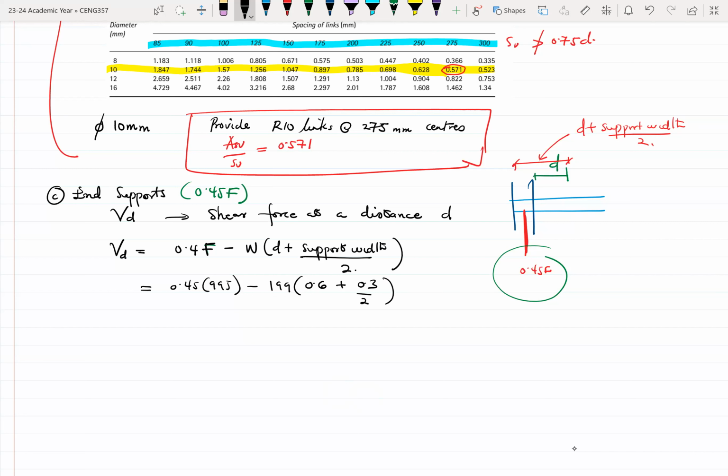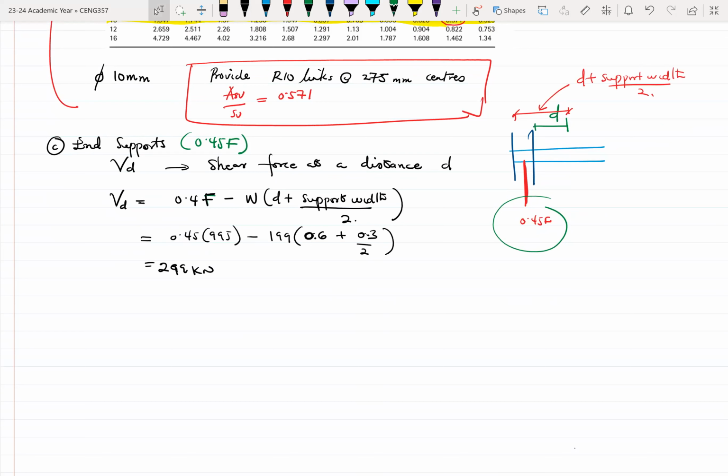Okay. So then this will give us 299 kilonewtons. Now with this, we also need to find its corresponding shear stress. So v equal to big VD over BD.